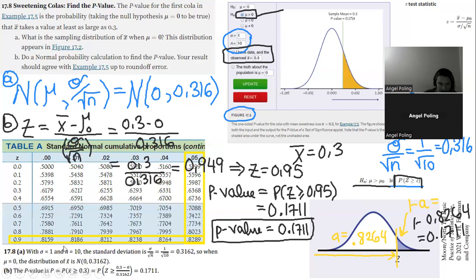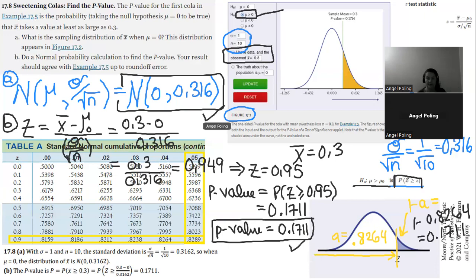Okay, so checking our answer, we've got the normal distribution with mean 0 and standard deviation 0.316. They took it to 4 decimals. We left it at 3. And then they got the p-value of 0.1711. So check, check.